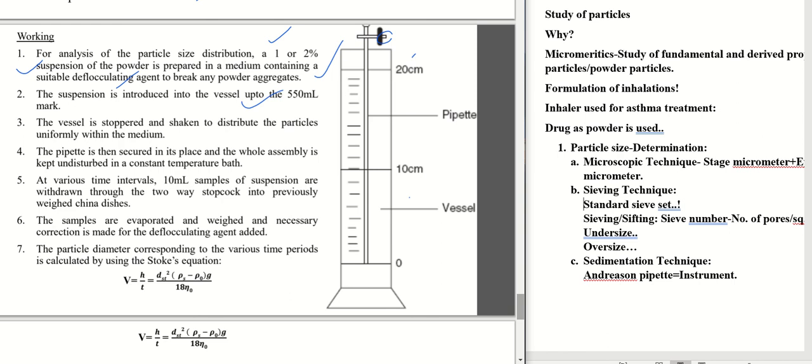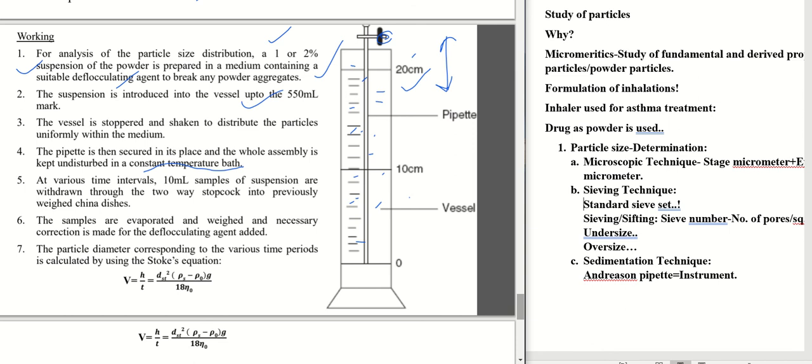Now the vessel is stoppered, so that the sample remains inside this vessel. Now this cylinder is shaken to redistribute all the particles. After shaking, this is kept in a constant temperature bath just to maintain constant temperature.